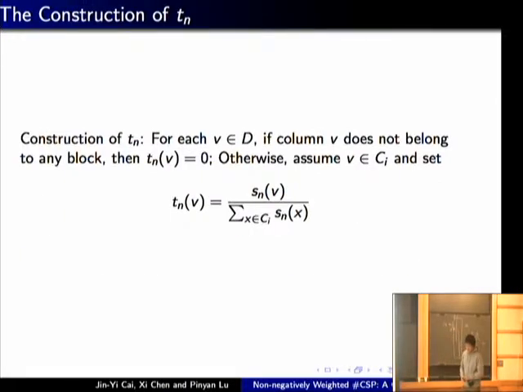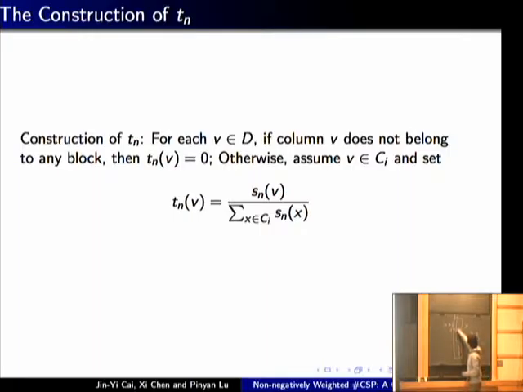And now the construction of Tn is the following. You pick any element V in the domain set. First of all, if column V is the 0 vector, then we simply set it to be 0. Otherwise, if V is in one of the blocks, let's say V is in block 2, then Tn of V is simply V's entry of Sn, normalized by all the entries in this block.